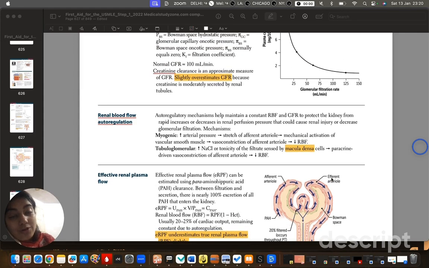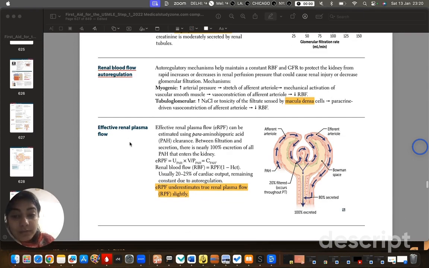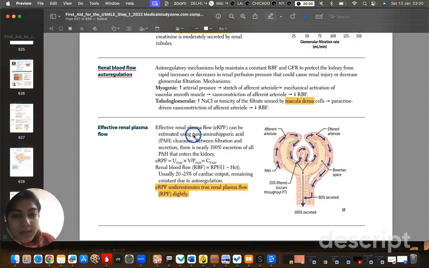I said that wrong. Now, effective renal plasma flow. Here we go again, this is another one we have to know. This is the item that they use, not inulin this time, to check this volume.